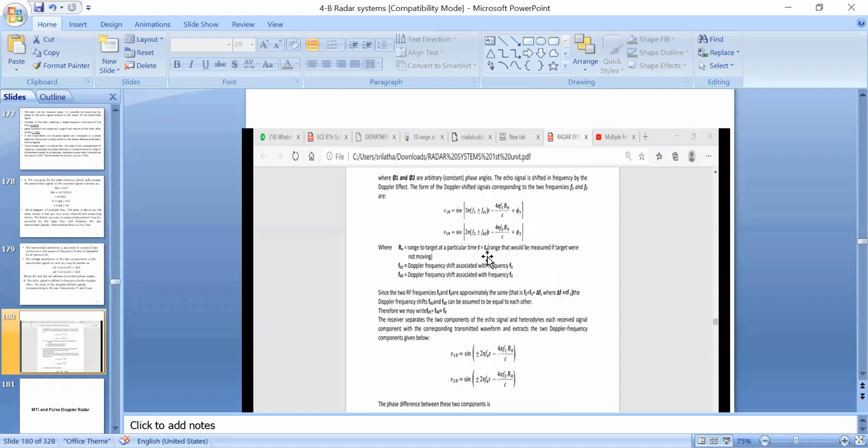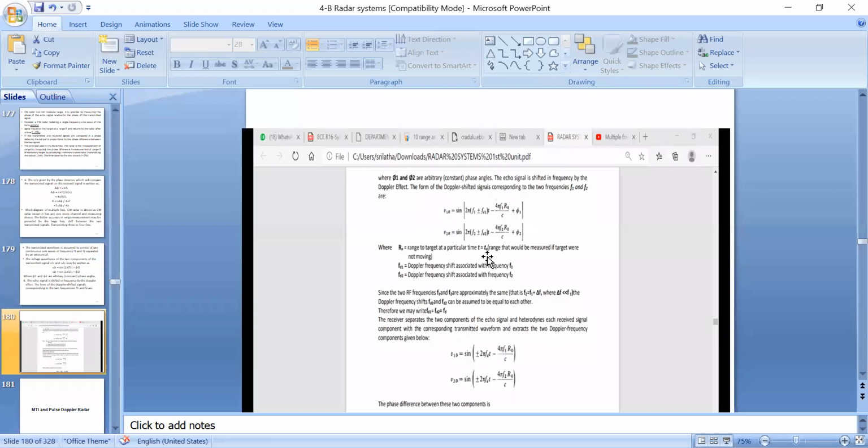Don't get confused here. While you are attempting this question in your exam, these are the points you need to cover. First of all, you need to mention the drawbacks of the continuous wave Doppler radar, which is the basic and first design in continuous wave radar, right?